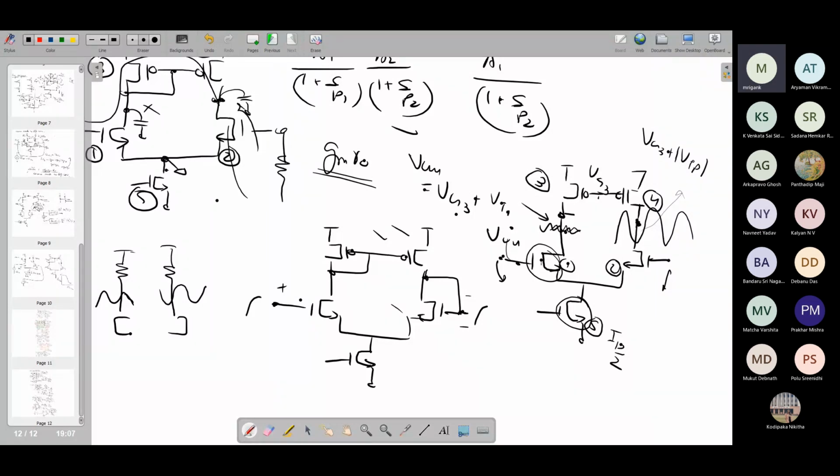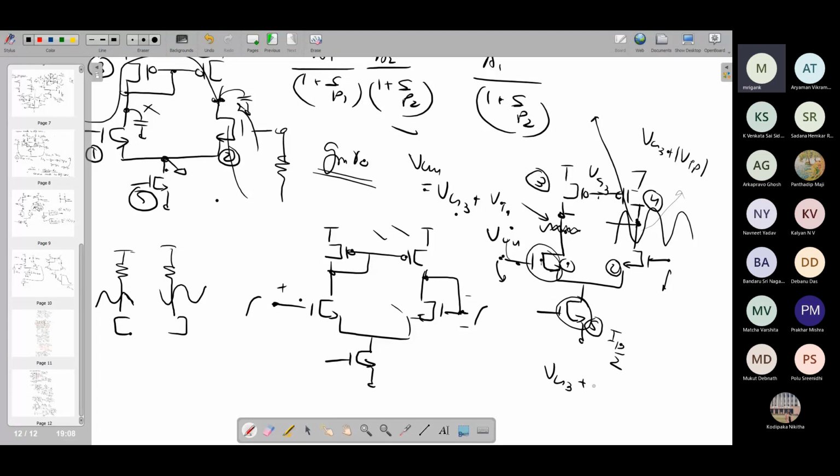So in a fully differential case, the way you calculate the VCM max and min will be determined by the output DC level you have set. And in order to get the maximum symmetric swing condition, you know how to set that output. V out min possible plus V out max possible, by 2. V out max possible will be what?